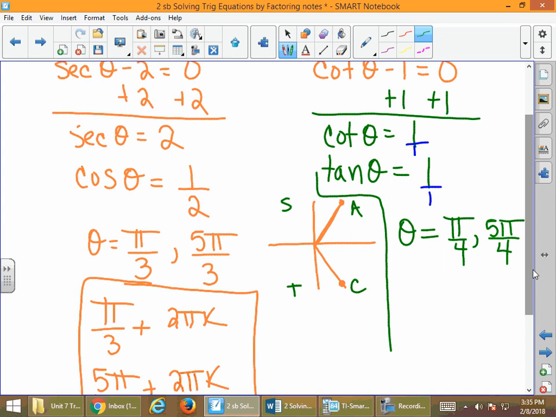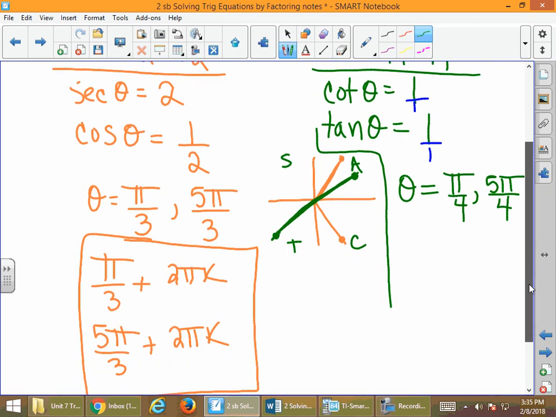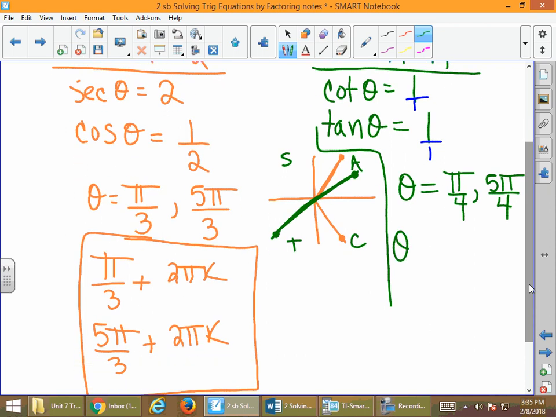Pi over 4 is here, and 5 pi over 4 is here. Can we connect those 2 points with a straight line? And as you see, we can. So our other value that solves for theta here, the general angle, is going to be pi over 4 plus pi k.